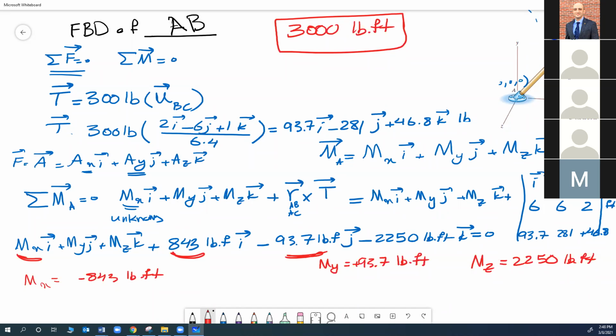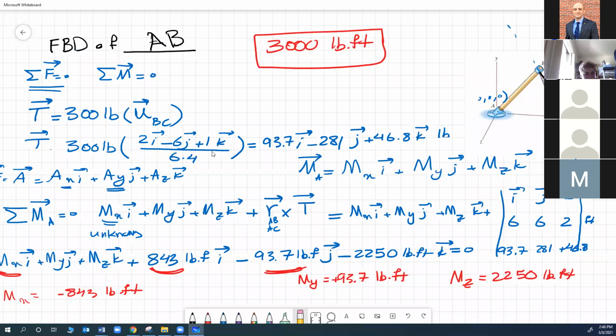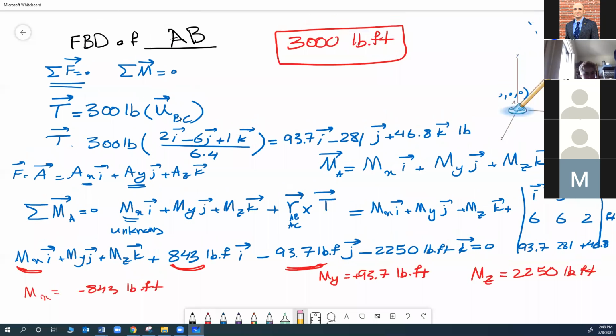And how would you determine that? What is the moment at point A? Let me ask you that. It's just the magnitude of all the moments about the axis. Exactly, it's the magnitude, right?